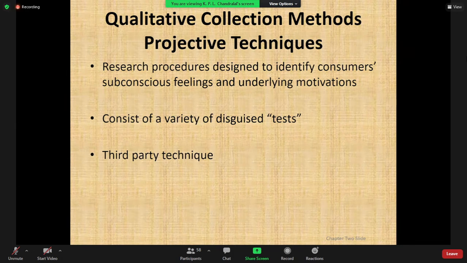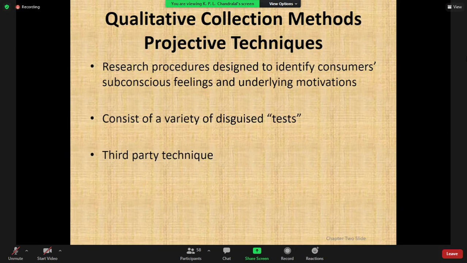How do you think about this thing? So that's a third party technique. And disguise test means we allow people to hide their face. That is why we call it projective. People don't want to tell you, but we try to project the answer using different techniques.